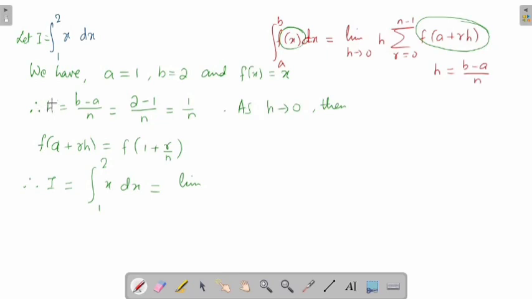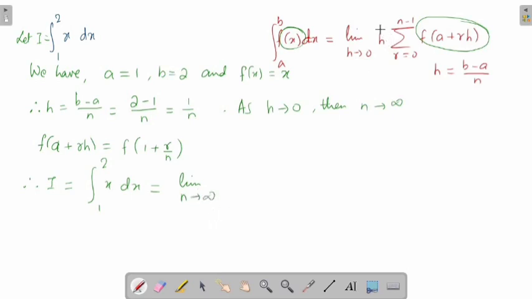If h goes to 0, bring it to the denominator, this n comes here, so n is 1 by h. If h becomes 0, then the value of n becomes 1 by 0, which is infinity, right? So n tends to infinity. That means in place of h tends to 0, we can write n tends to infinity.